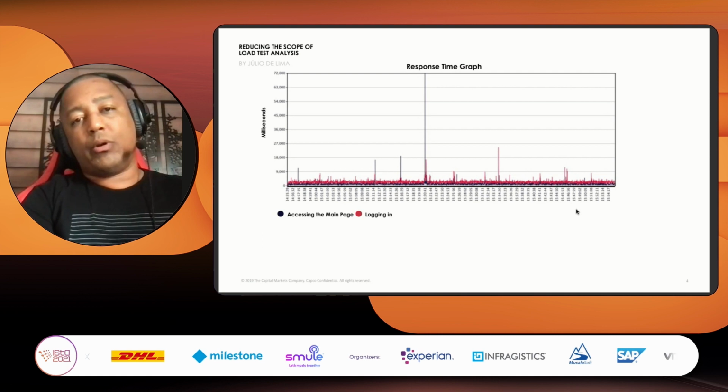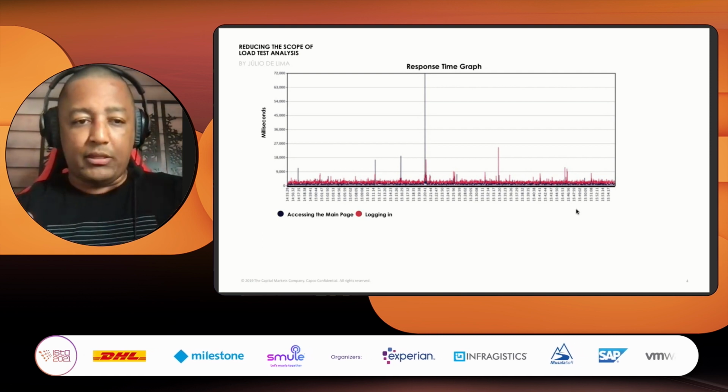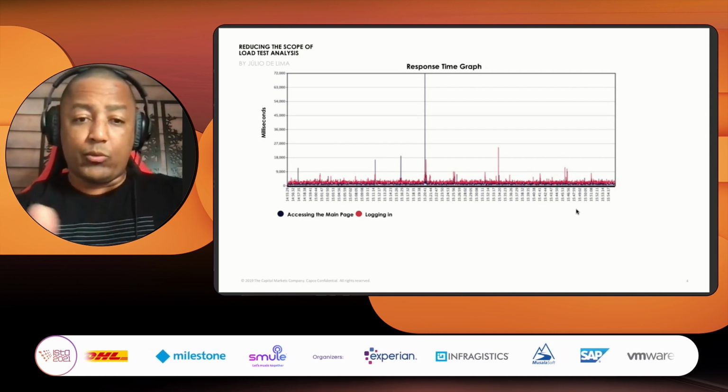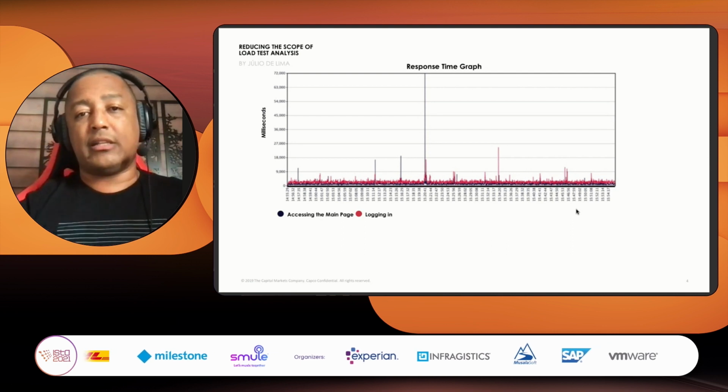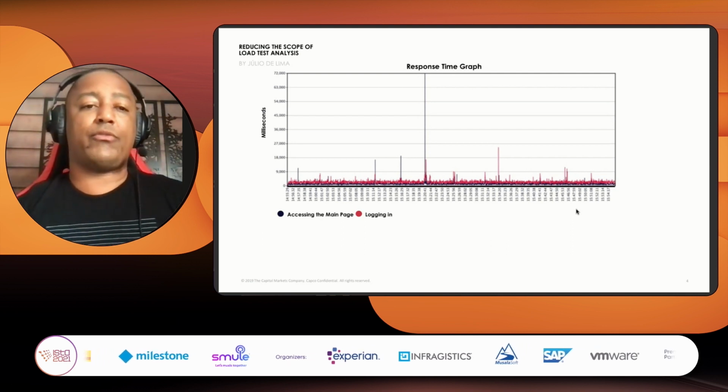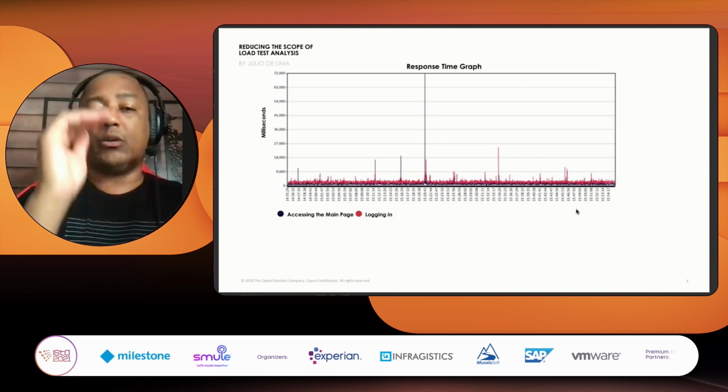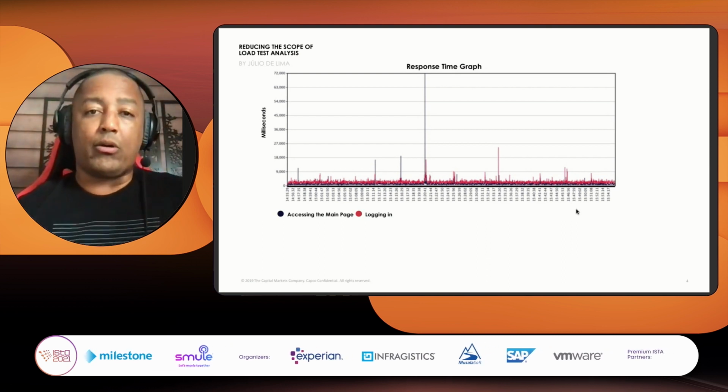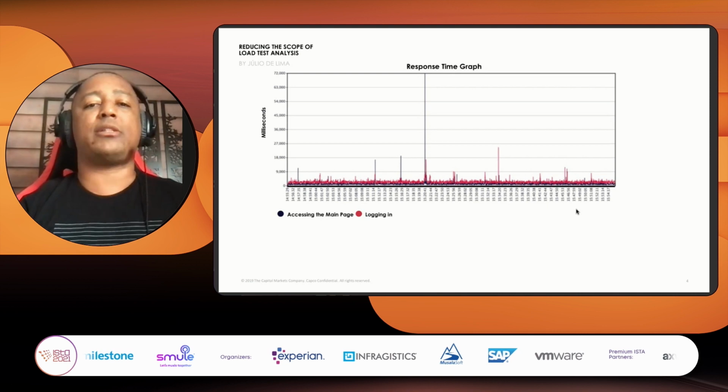So during 1 hour, we sent a lot of requests to the server, and then we can see in the y-axis how long it took to process them.